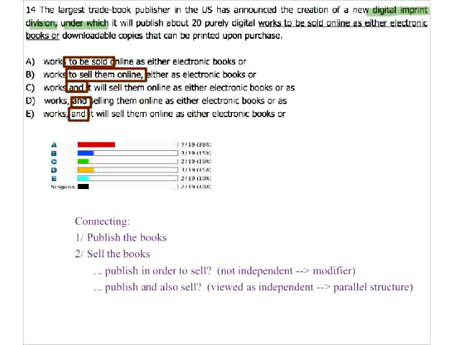What that means is it's the part of a company, the division of a company, that makes digital materials. So for that reason, it doesn't make sense to have selling the books as a separate parallel act, because a digital imprint division wouldn't do that. That's not what that kind of division of a company would do. So instead, a "digital imprint division" would only do one of these things.